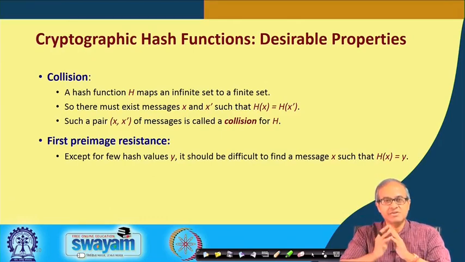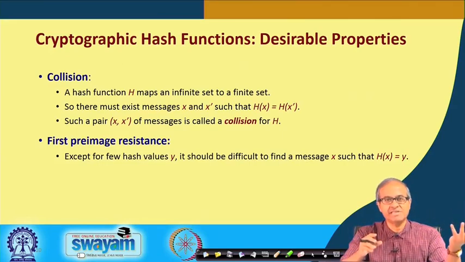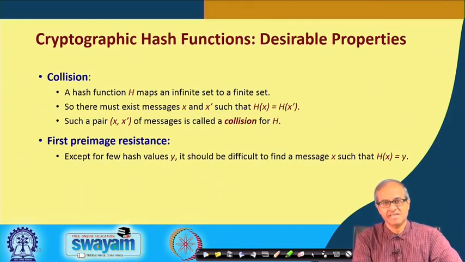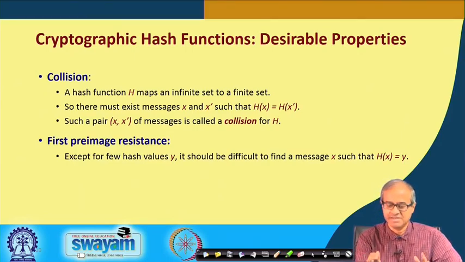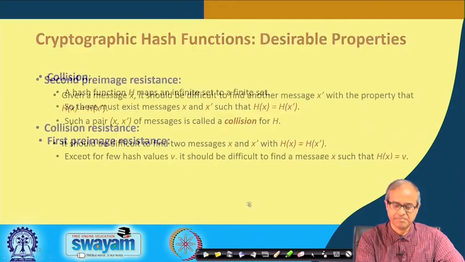So, it is not easy to do that. If it were easy, then an intruder could fabricate or modify a message in such a way that the same hash value will result. That is difficult to do. This is what is referred to as the first property, first pre-image resistance.